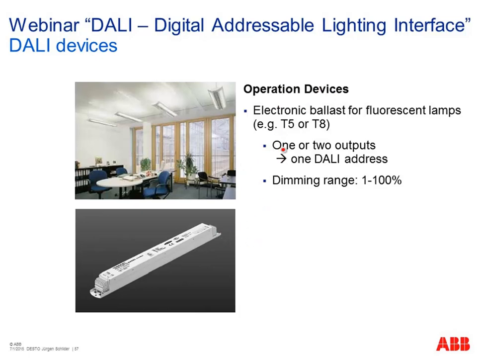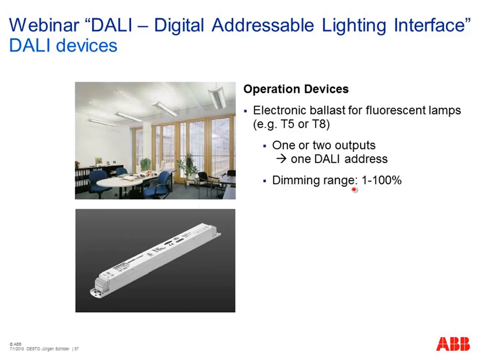So at first, the so-called electronic ballast for the fluorescent lamps, like here our T5 or T8 for example. This is a device which needs one DALI address, but it can have up to 2 outputs. Like here you see on the ceiling our fluorescent lamp, you have two lamps inside, and you need only one of this ballast, but both of these lamps will be controlled by one DALI device.